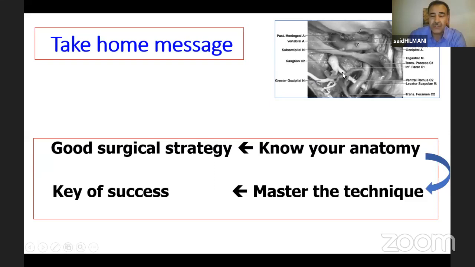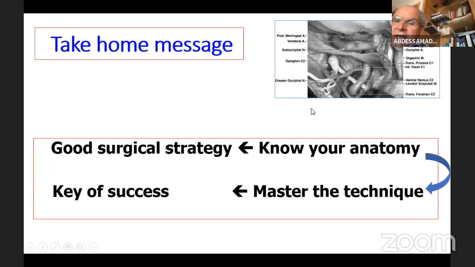Sometimes those branches are anterior to the vertebral artery, sometimes they are posterior. Several authors recommend dissection and reduction of those branches. Others say we can cut the branch if there is any problem. Thank you for your attention.